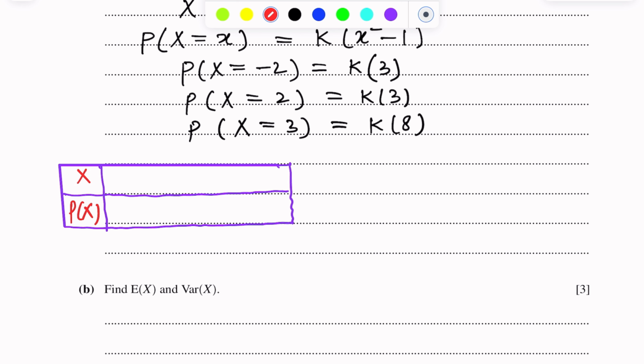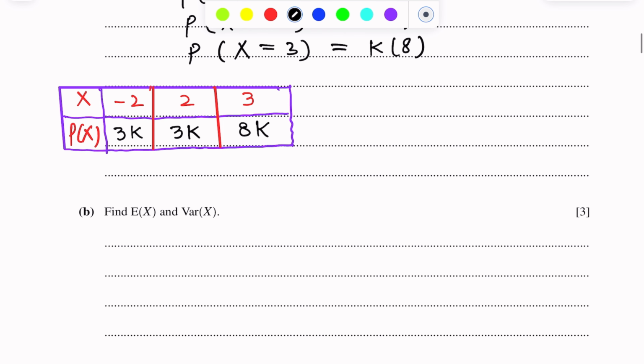The values of x are -2, 2 and 3. Now we write here the probabilities. We just found 3k, 3k and probability of 3 is 8k.